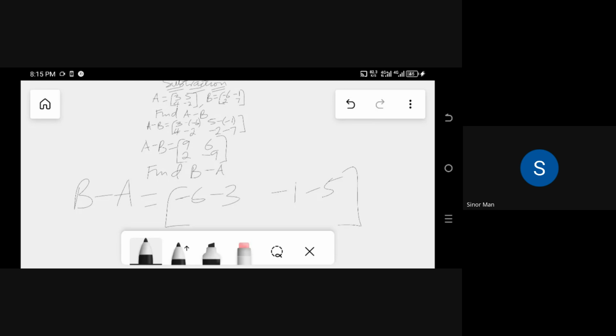Then at the bottom, again, B minus A. So again, you start with the B first. So 2 minus 4.